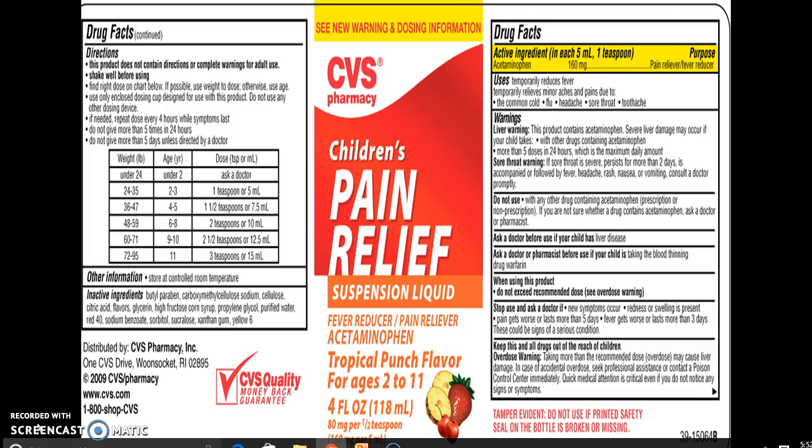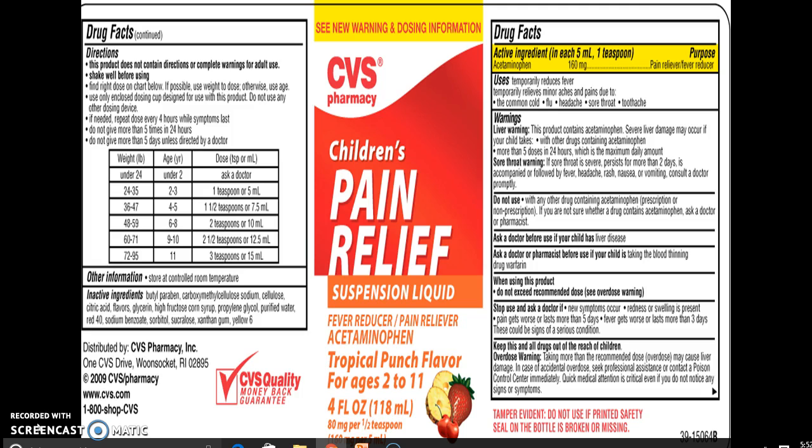And then talk about the uses. It's for the common cold, flu, headaches, sore throat, toothaches, and just to relieve minor aches and pains. The warning: since it contains acetaminophen, it can lead to certain challenges, and so at a very high dosage, it causes liver damage.